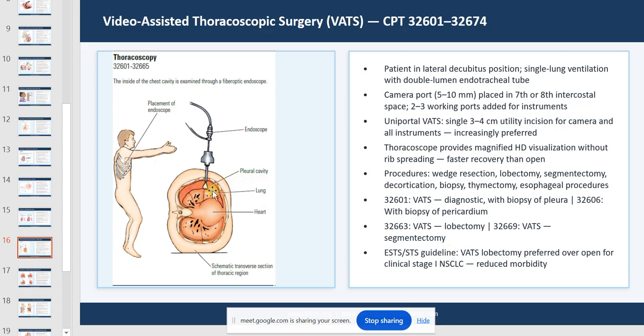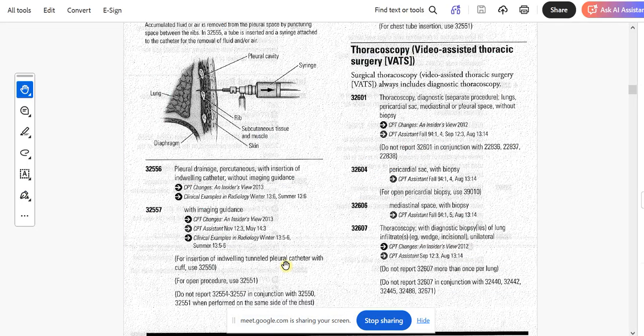Now, with the help of this thoracoscopy, they can do a lot of major procedures. 32607 is like a diagnostic biopsy. Biopsy itself is a diagnostic basically. When you say biopsy, you are taking a small piece to diagnose. That is diagnostic biopsy. So diagnostic biopsy doesn't mean it is diagnostic thoracoscopy.